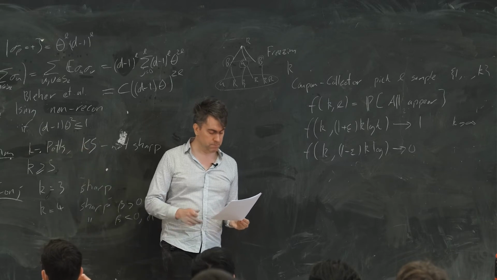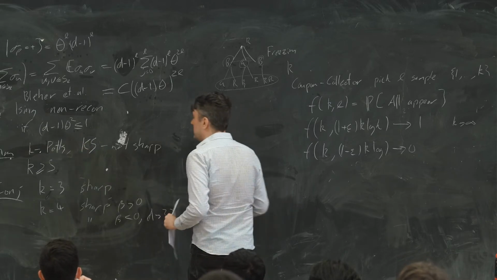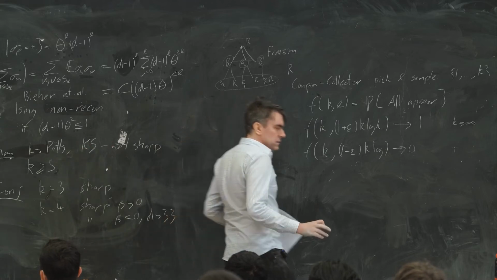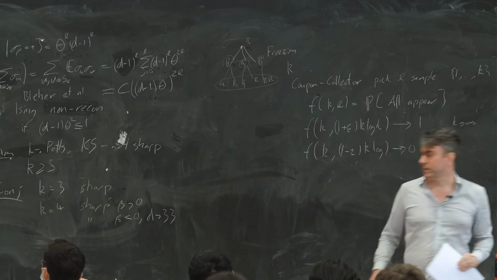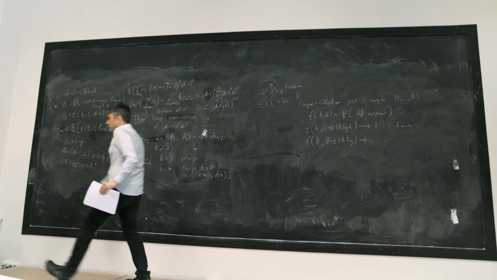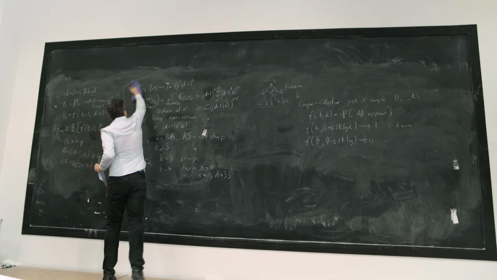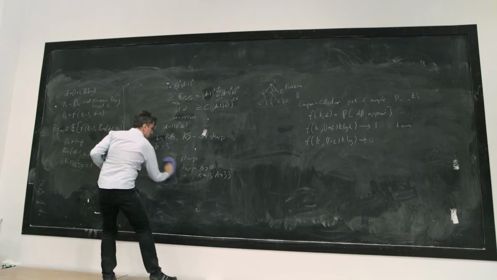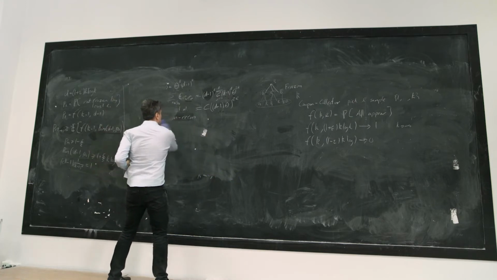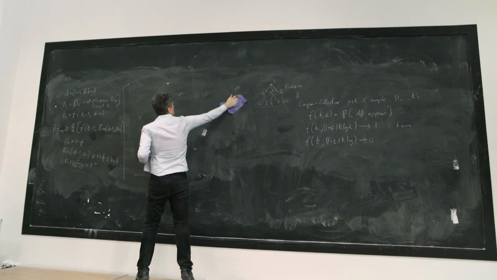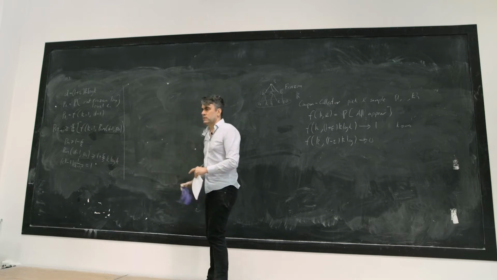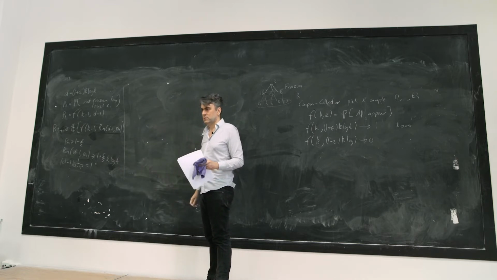Okay. So if you do a more careful analysis of this, we saw that if you are just looking for freezing, then you need a much larger degree than if you were to do something smarter.